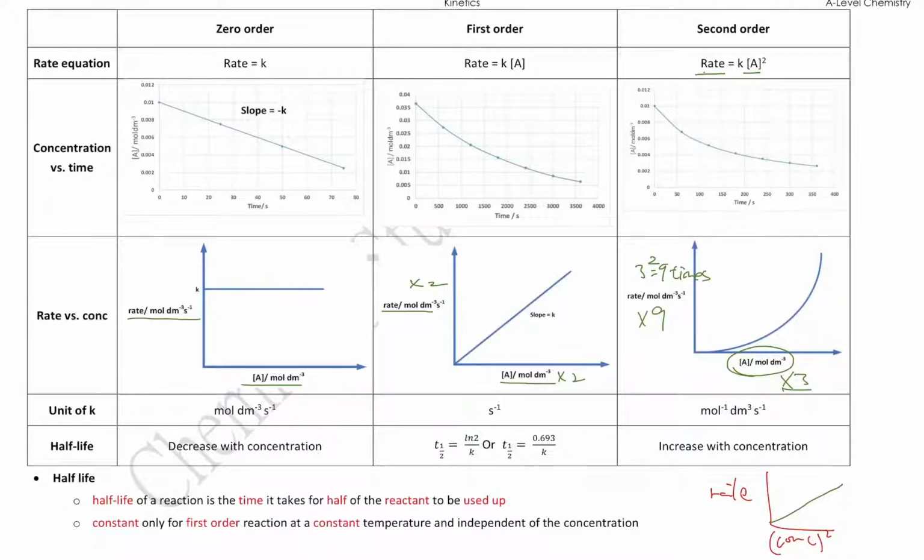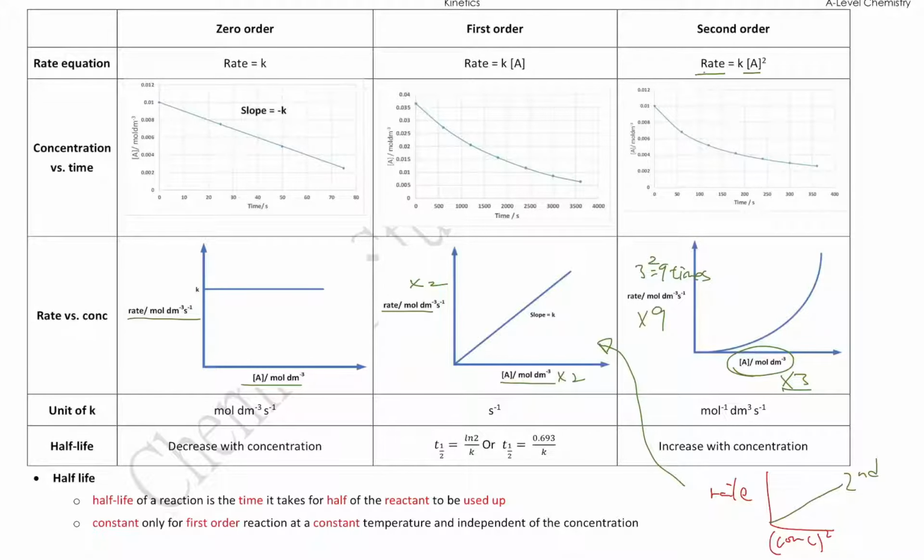That's why if you use concentration squared as the x-axis, you should draw a straight line passing through the origin, which is similar to the first order reaction. But this time your x-axis is concentration squared. If you still get a straight line passing through the origin, that means it is second order.